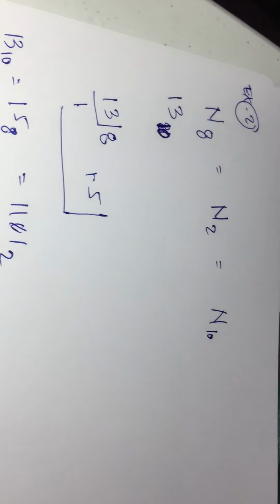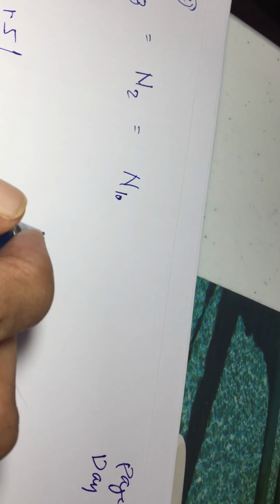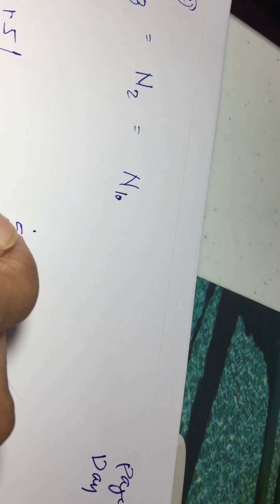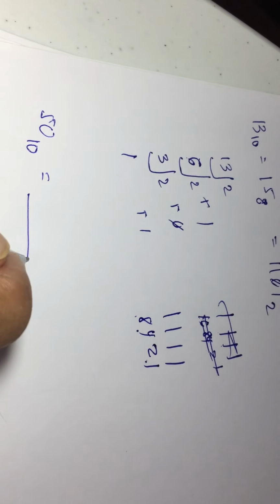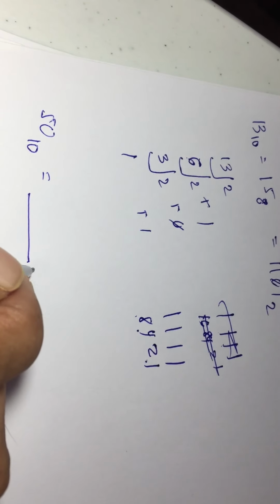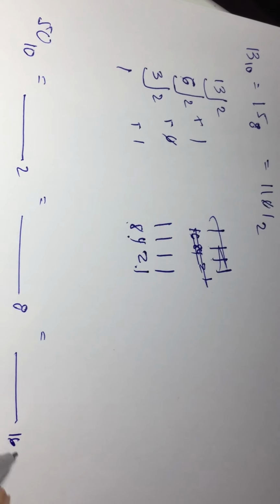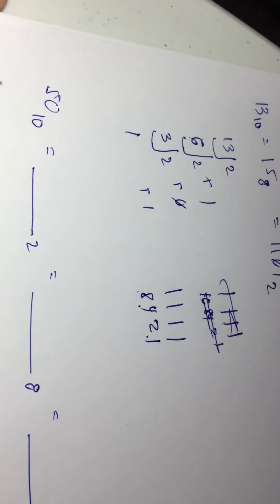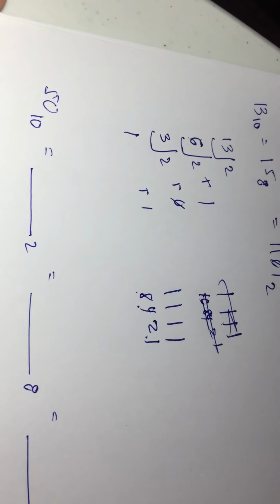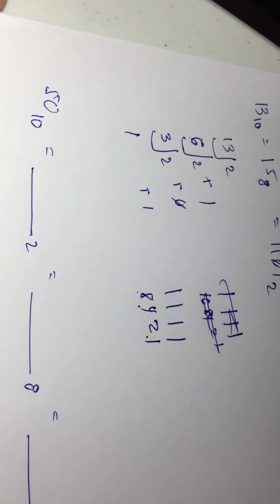Now, let's say if we have 50 of base 10, what is equivalent to base 2, base 8, and base 16? Okay? So, kung simple lang yan guys, 1, 2, 4, 8, 16, 32.